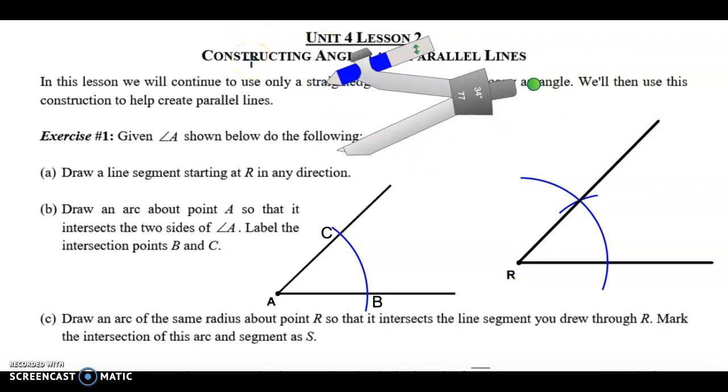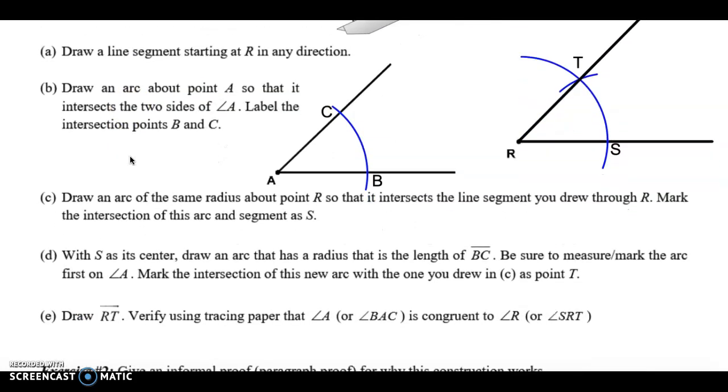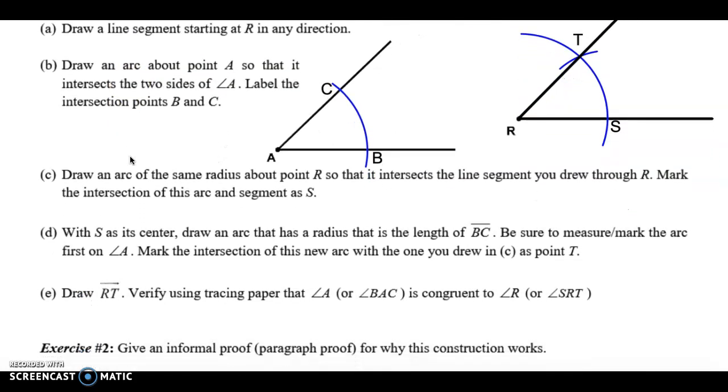So that angle R is congruent to angle A. Okay, and again, they want me to label these. Normally, we don't need to label these points of intersection, but we're going to talk about them down below, so I will go ahead and label them. All right, and I think I did everything that was there.